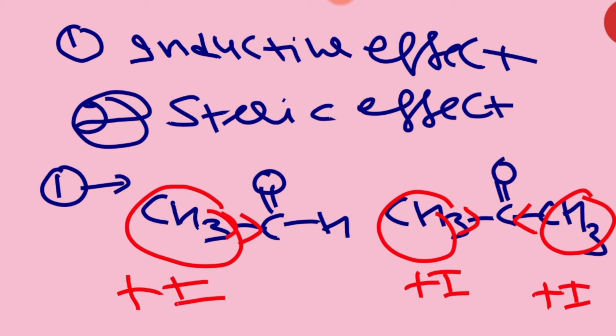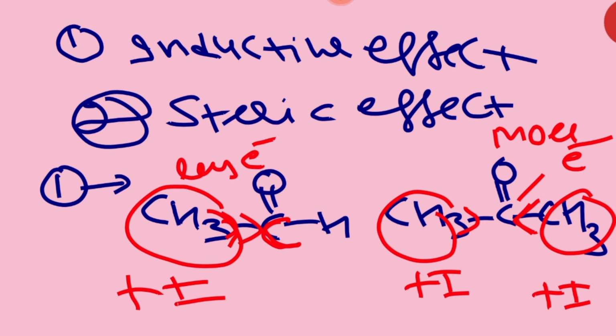They will release electrons, so the electron density on the carbon is going to increase. But here in this case there is more electron density, and here there is less electron density. So where will the positive charge be more?